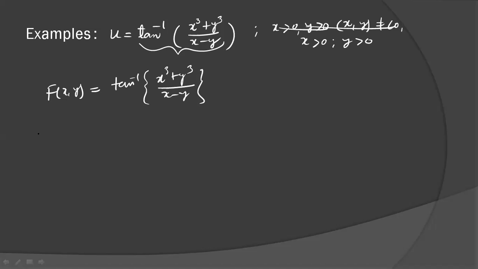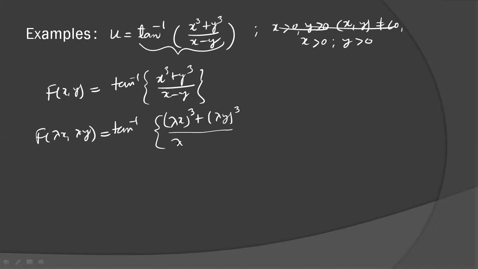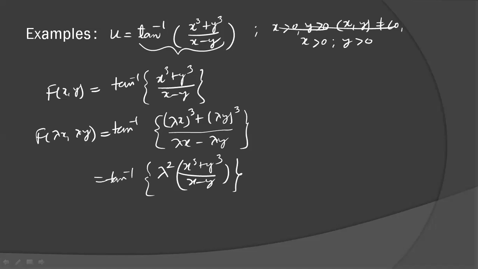Now if you check F(λx, λy), it will be tan inverse of (λx cube plus λy cube) over (λx minus λy). So it will be tan inverse of λ square times (x cube plus y cube) over (x minus y). So λ square is not outside, which means this function is not homogeneous. But for the inside function, λ is outside.